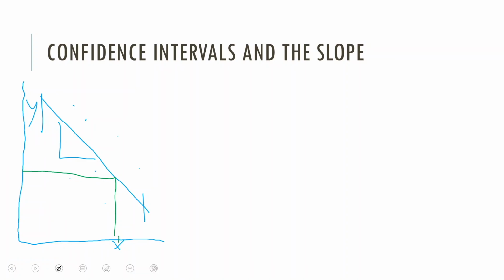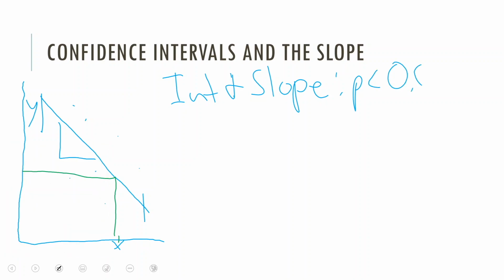So if our intercept and slope have a p-value of, we'll say for right now, less than 0.05, less than alpha, that means we can relate and predict.